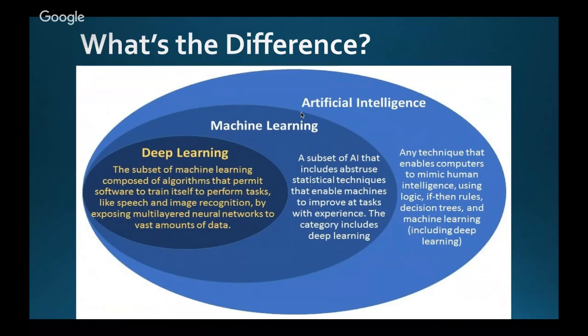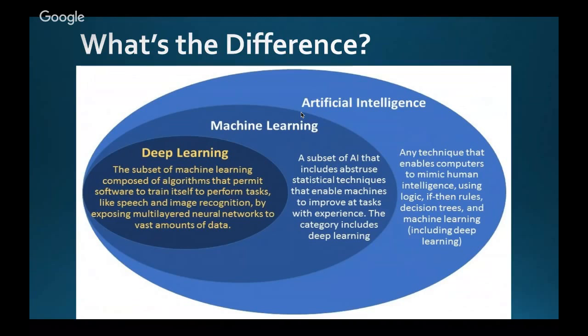Now, what is machine learning? Machine learning is a subset of artificial intelligence that includes abstruse statistical techniques that enable machines to improve at tasks with experience.